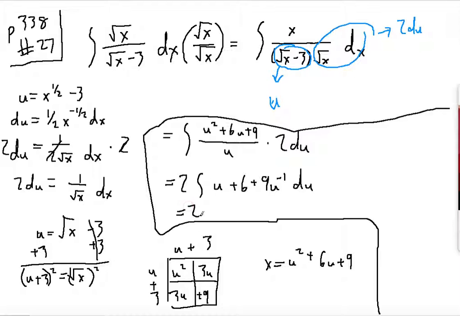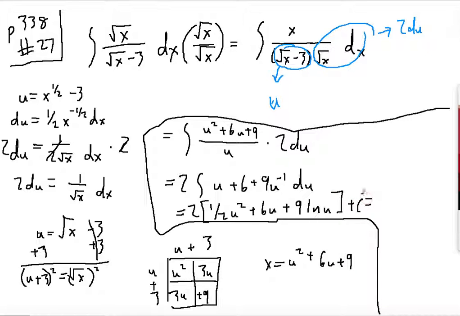And when we take this integral now, we have 1/2 u squared plus 6u plus 9. Remember, the integral of 1 over u, or u to the negative 1, is the natural log of u, and then the plus c.